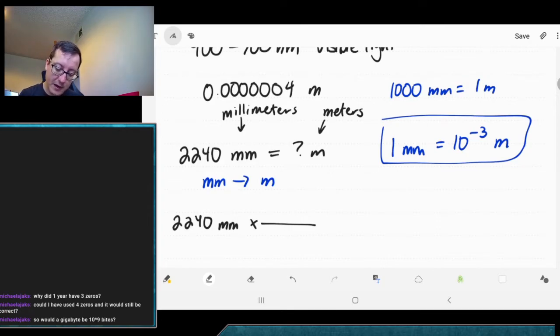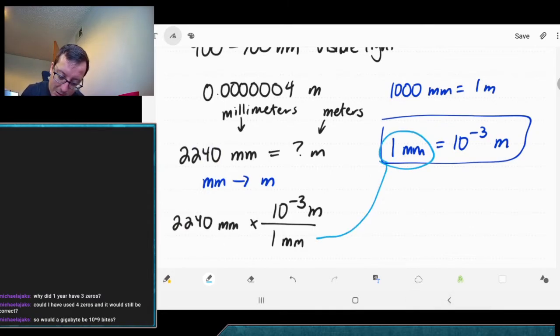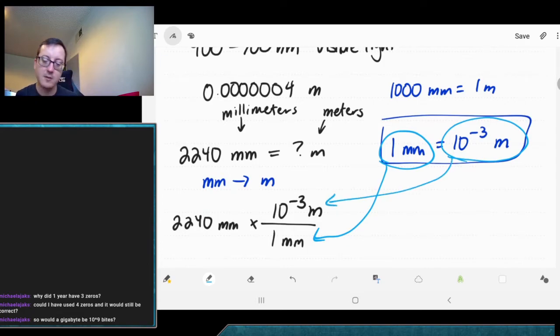Our conversion factor has 1 millimeter and 10 to the negative 3 meters. So, we're going to put millimeters in the bottom so that they cancel out. And we're going to put 10 to the negative 3 meters. Again, I'm keeping all the numbers together. So 1 millimeter goes here, 10 to the negative 3 meter goes there.